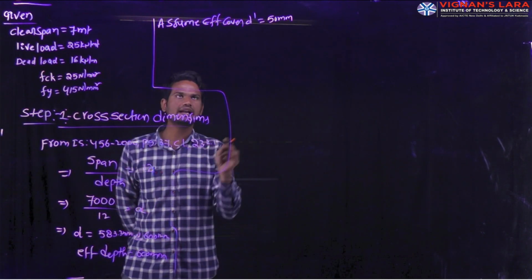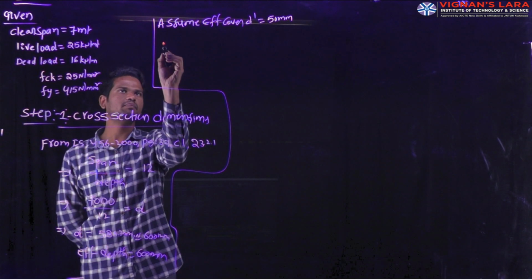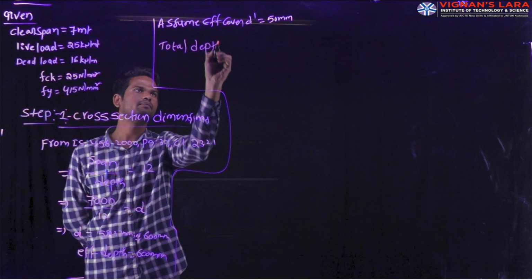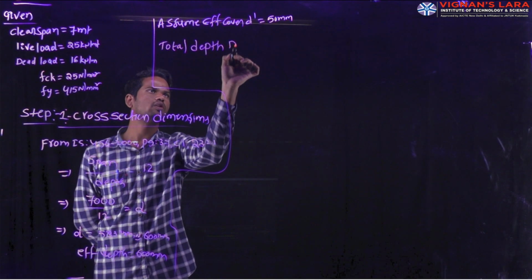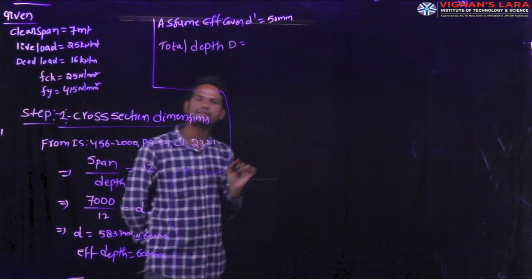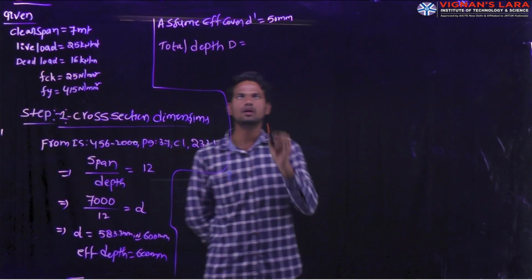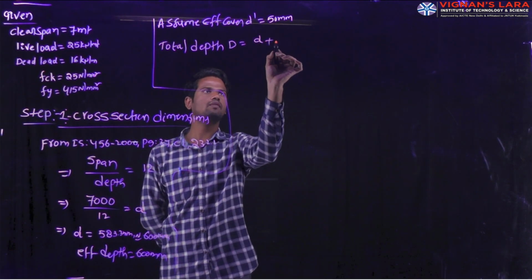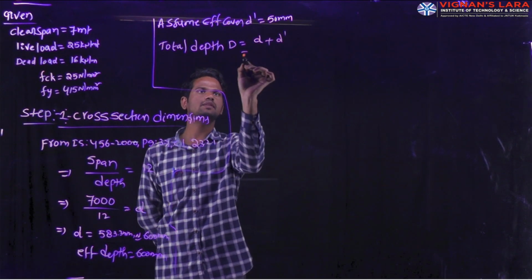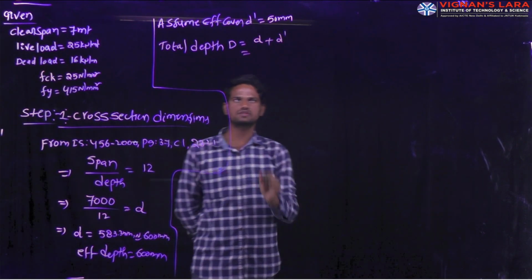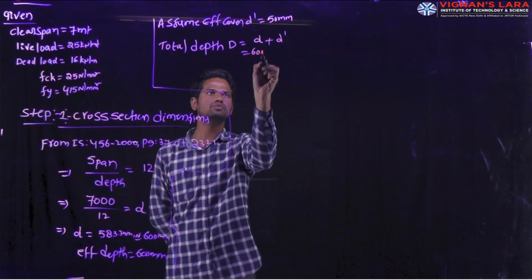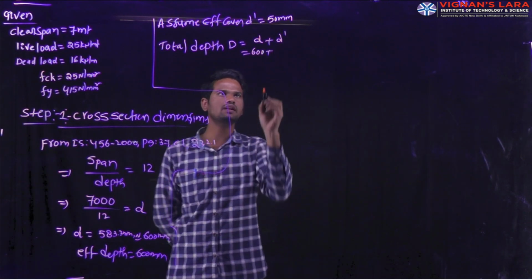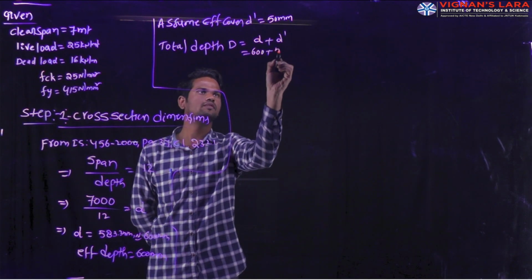Now we will calculate the total depth of the beam. The total depth, capital D, equals effective depth plus effective cover. Effective depth D is 600 mm, which we assumed, and D dash is the effective cover we took earlier, 50 mm.